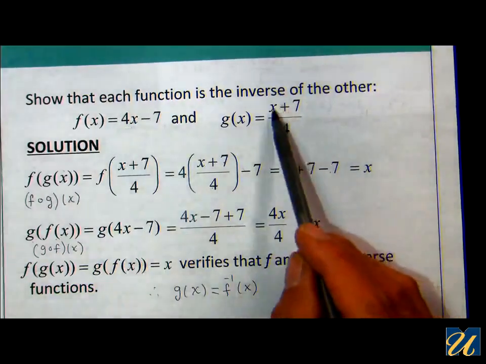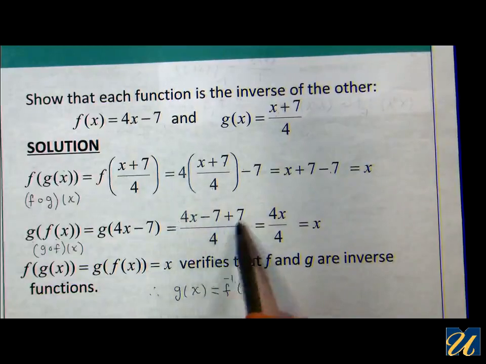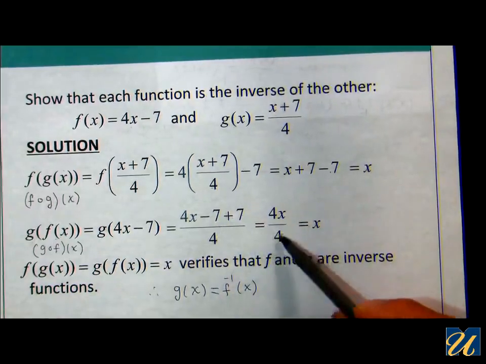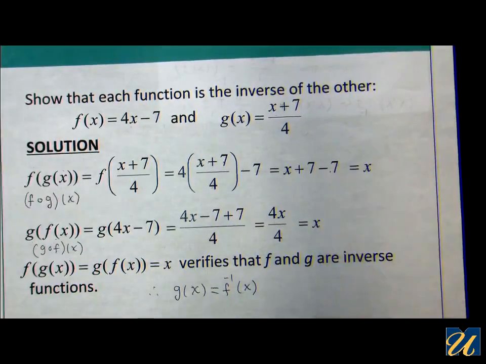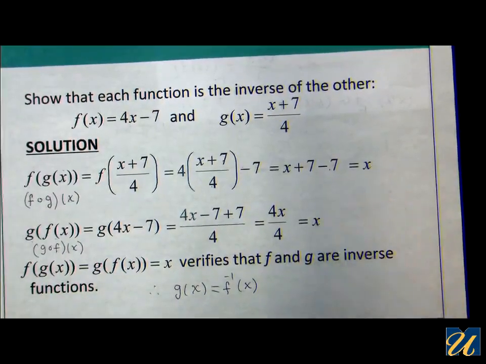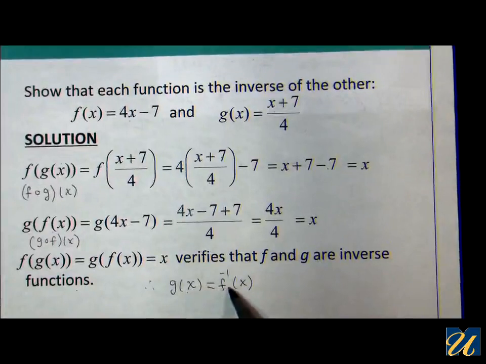So instead of x plus 7 over 4, we here have f of x plus 7 over 4. The 7's add up to 0. The 4's divide out, leaving us with x. Since the composition in both directions when simplified yielded the single variable x, we can then conclude that f and g are inverse functions. In other words, g is then named f inverse of x.